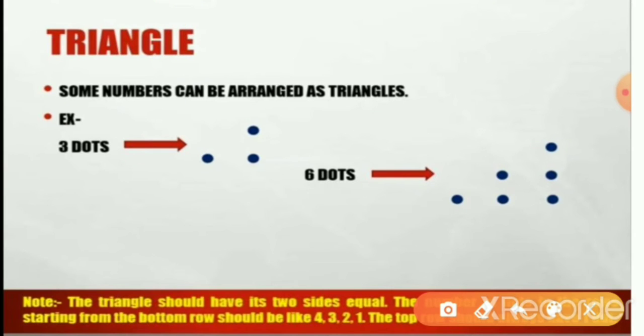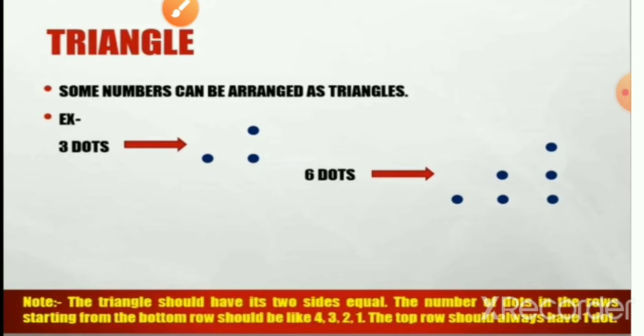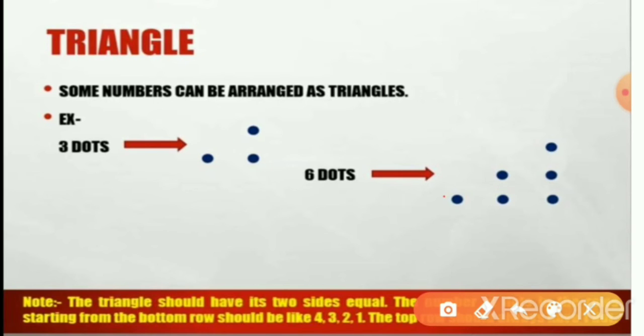Now if we talk about the triangle, some numbers can be arranged as triangles. For example, 3 dots. Using these 3 dots we can form a triangle easily, and using these 6 dots also we can form a triangle like this.